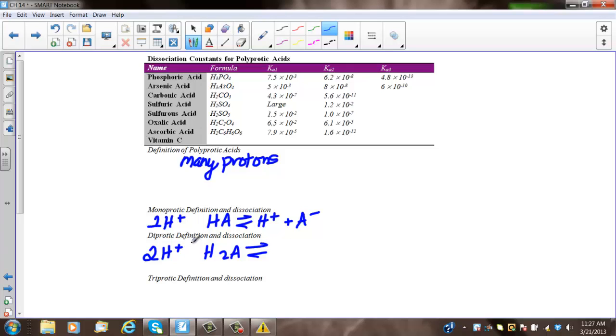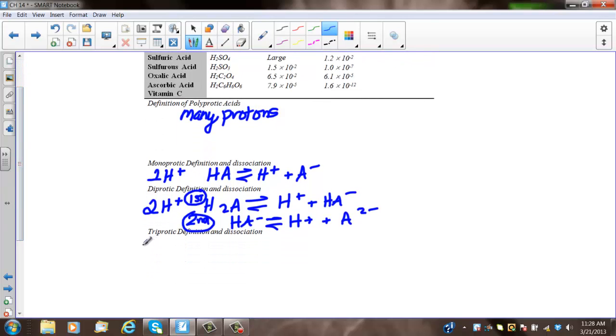So your first step is going to just remove 1 H. So I'm going to have H plus and HA minus. In my second step, I'm going to start with the product, HA minus, and I have H plus and A2 minus.